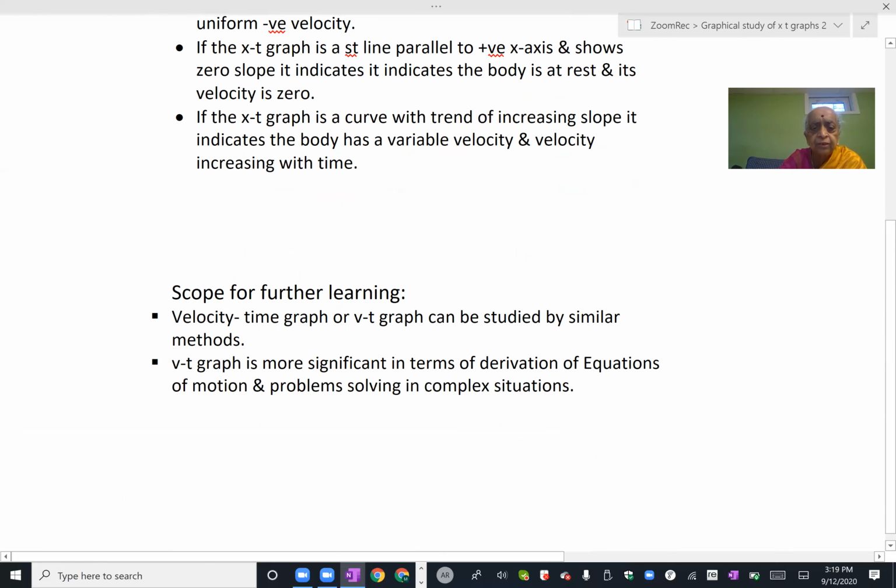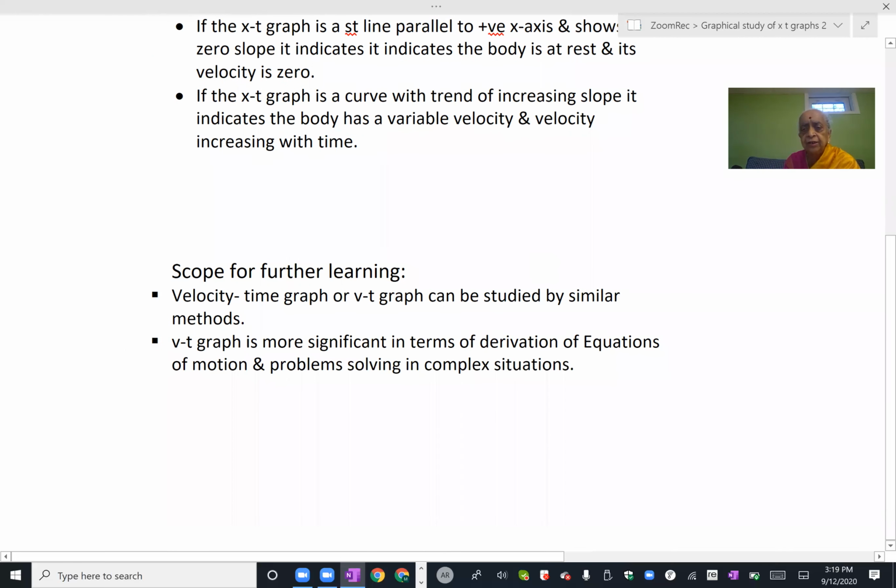Now, what about the further learning? What does this motivate you to go into depths of study? The velocity-time graph is another thing, where you represent the velocity on the y coordinate and the time on the x coordinate.